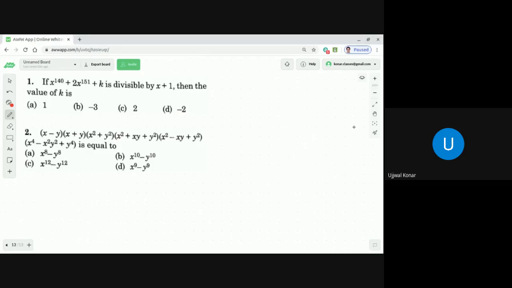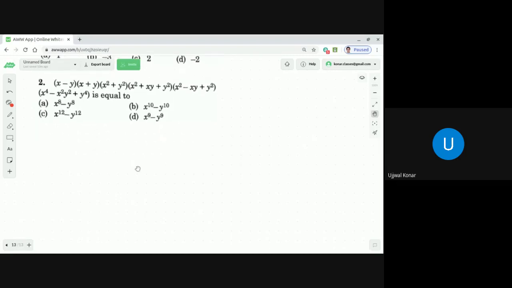x minus y. Let me solve it elaborately, and these are the things you need to develop as time goes by. x minus y into x plus y into x square plus y square into x square plus xy plus y square into x square minus xy plus y square into x to the power 4 minus x square y square plus y to the power 4.